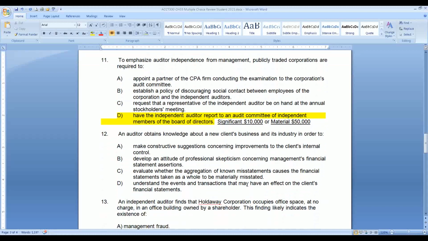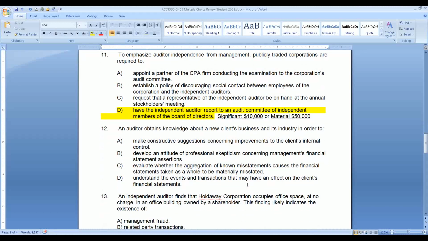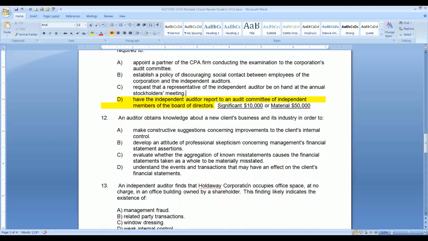D, let's see here. Another pays odds about a new client's industry in order to, yep, D. Some of these other ones aren't bad. And some of these are true, they just don't answer the question. This is absolutely true.